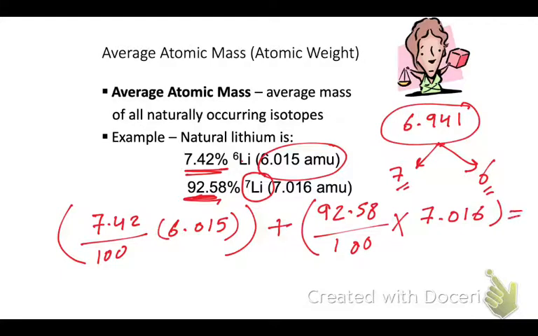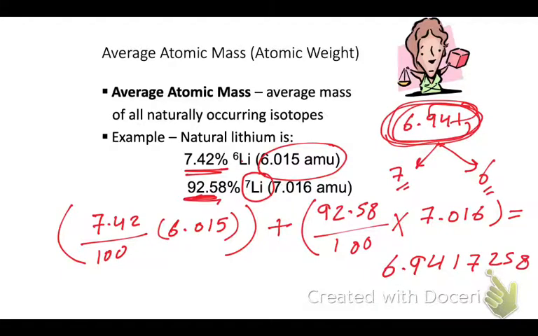When you perform the math using your calculator, you will find that the calculator says 6.9417258. So in a nutshell, this is where this number comes from.